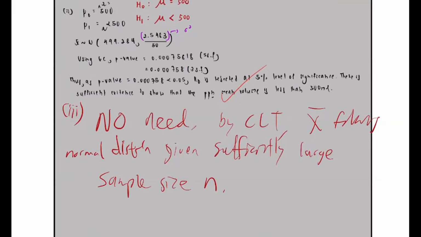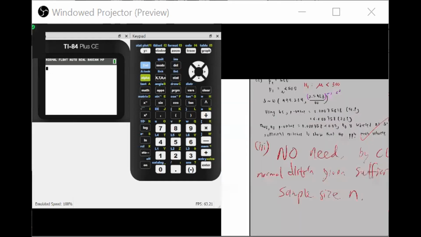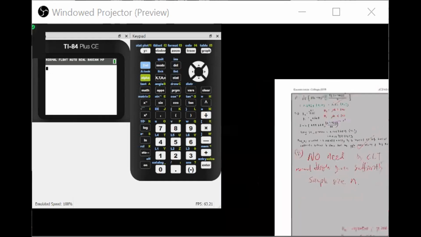Let me just share screen first. Share window projector here. Is that showing? Yeah, okay. Right, I need to do the following. Wait, loading. There we go.